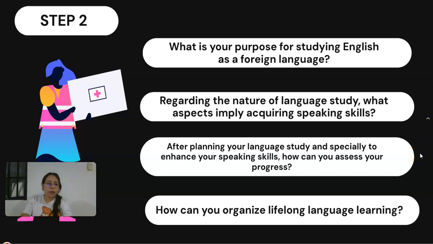Okay, the third question is, after planning your language study and especially to improve your speaking skills, how can you assess your progress? Okay, it's important to always evaluate all our learning and teaching process because we can modify or change strategies for better learning.